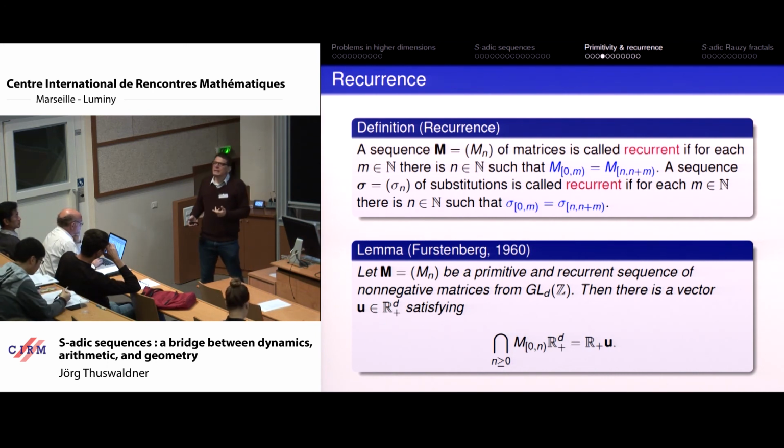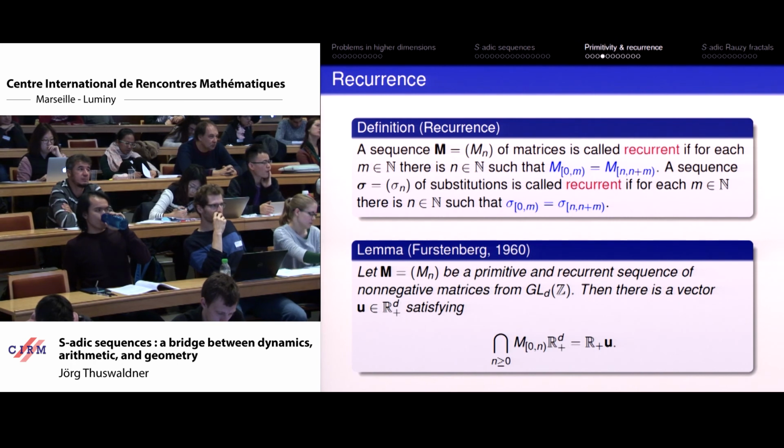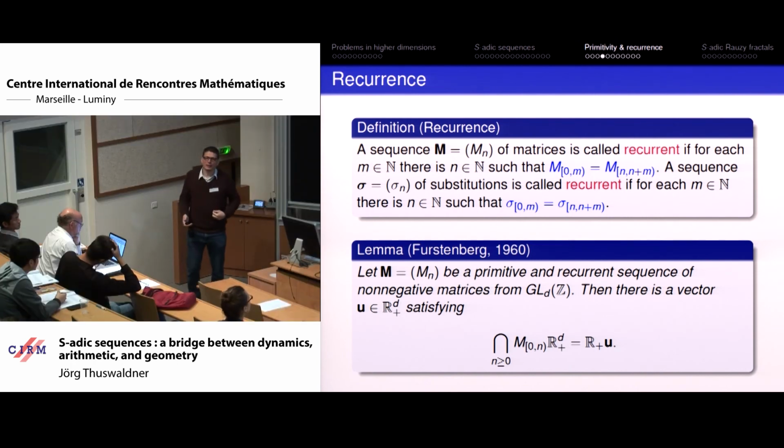We want to mimic the Perron-Frobenius theorem. So we don't want only primitivity, we want primitivity and recurrence. We want that the same primitive block occurs infinitely often. Okay, so with one given primitive block, this has to occur infinitely often. And one can prove that such a sequence of matrices acts the same way as the matrices satisfying Perron-Frobenius.